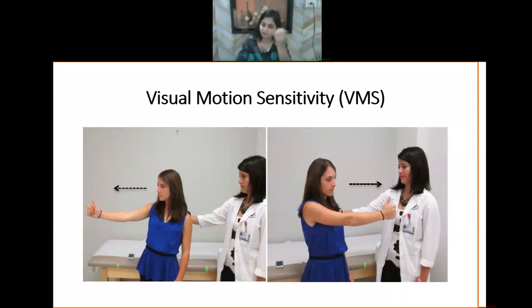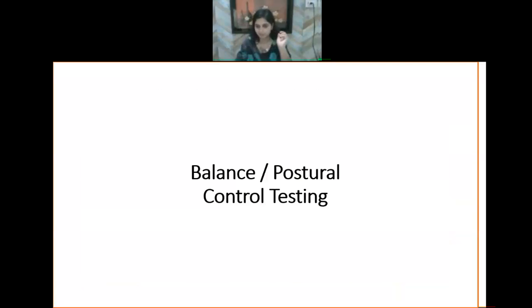So treatment is different for concussion, different for visual motion sensitivity, different for peripheral, and different for central. All the vestibular impairments have different involvement and different management. More or less they are very similar, but they have key components that we are able to identify.